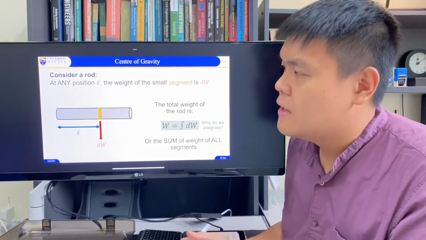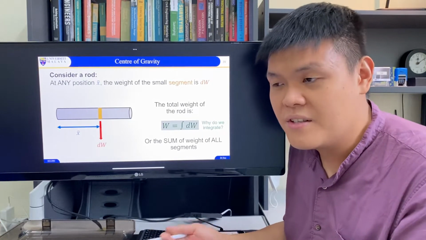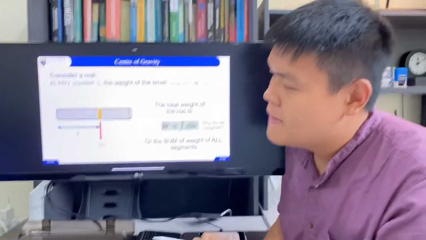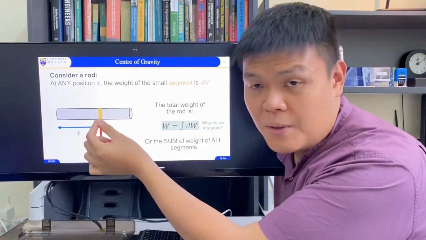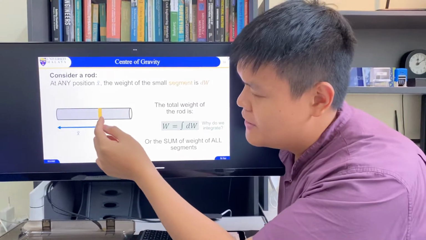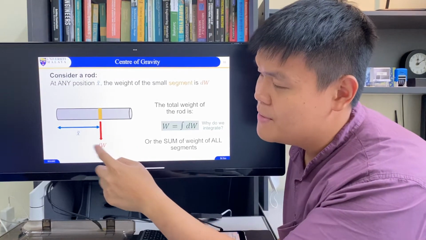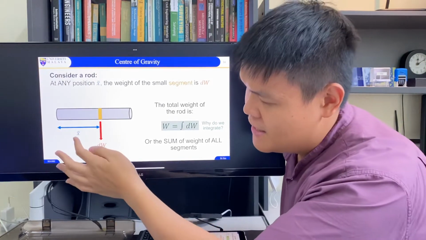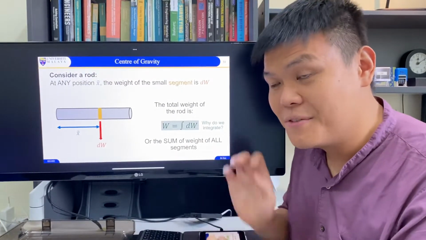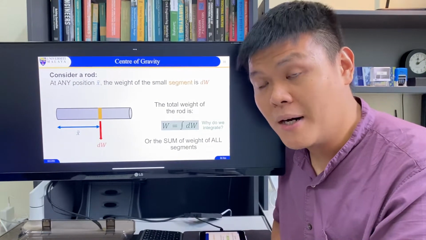So let's find out how to calculate the center of gravity of any object. We have a rod here, and let's take a really small piece of the rod. This small piece has a small weight, dW, and the distance of dW from the end of the rod is x curvy bar, not x bar, because x bar is for the centroid of the whole bar.